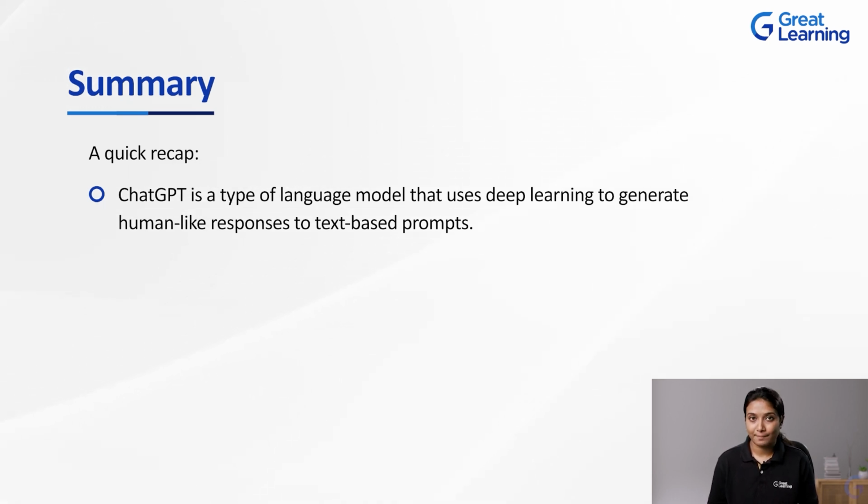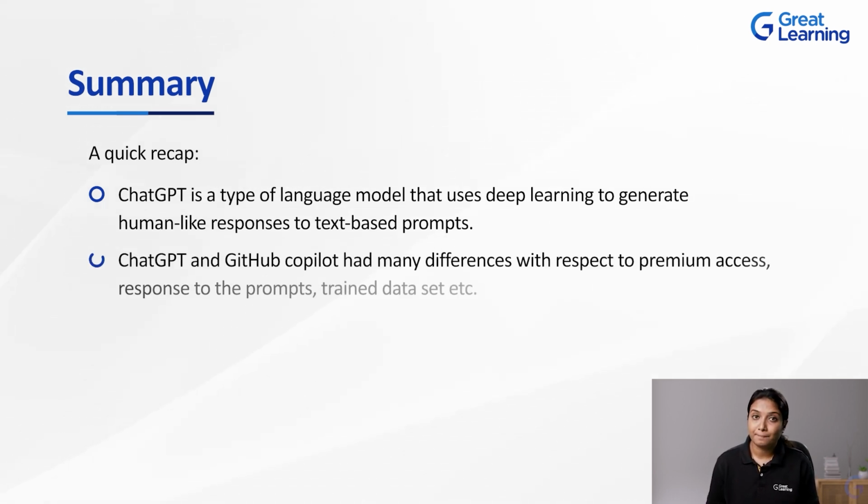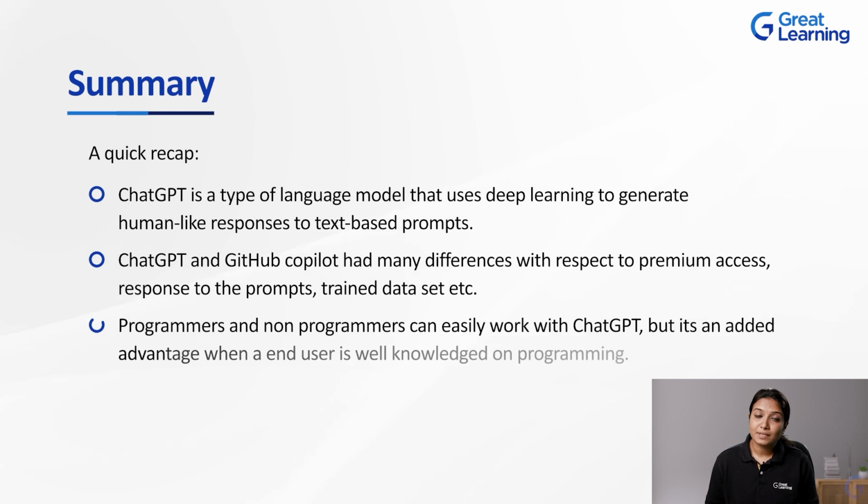Introductory discussion happened. After that, we started comparing the competitors, ChatGPT and GitHub Copilot as well. What are the major differences with respect to premium access, response to prompts, trained data set, etc. We also covered programmers and non-programmers who can use ChatGPT, and what the pros and cons of using it are, right?